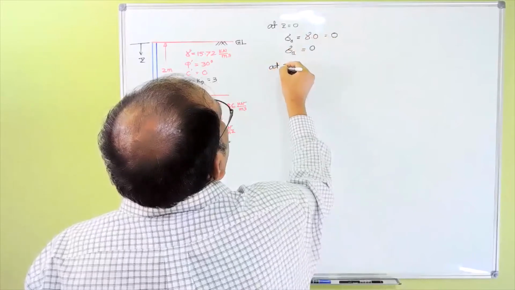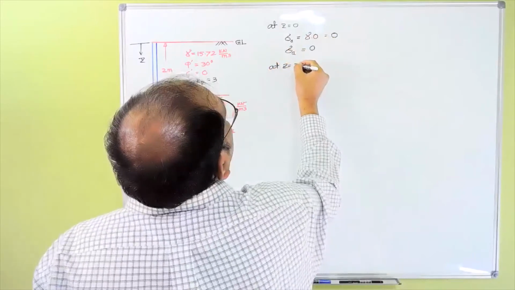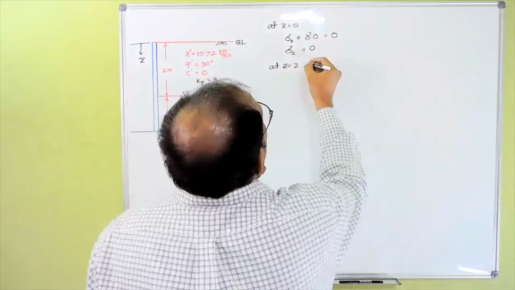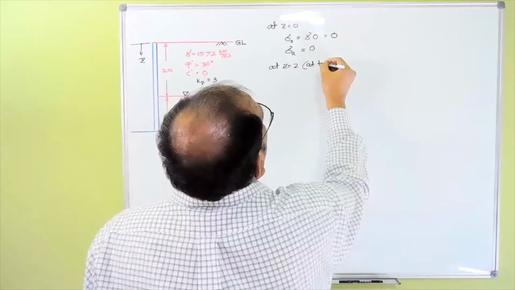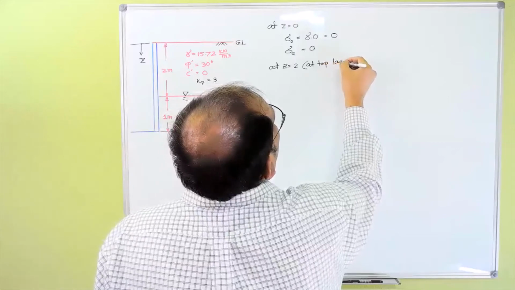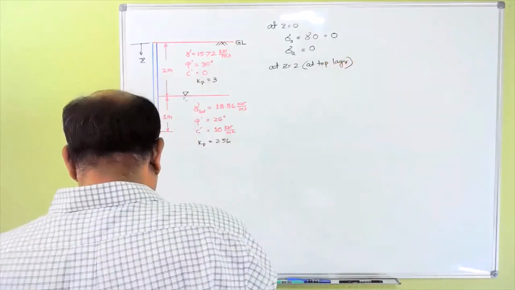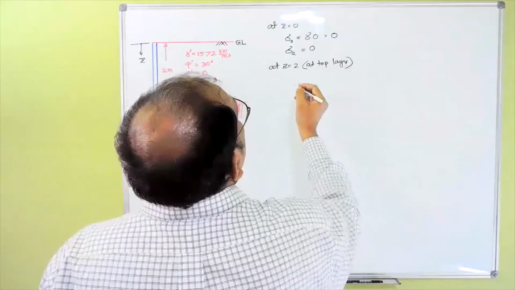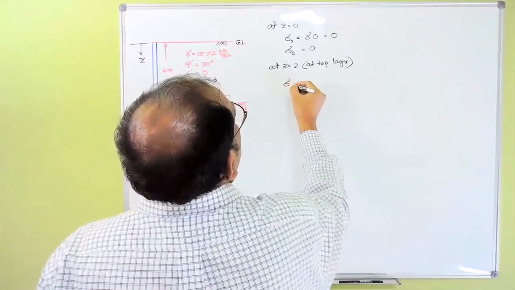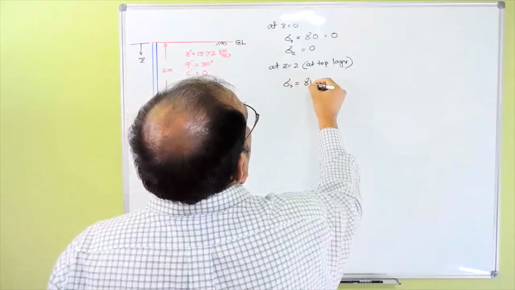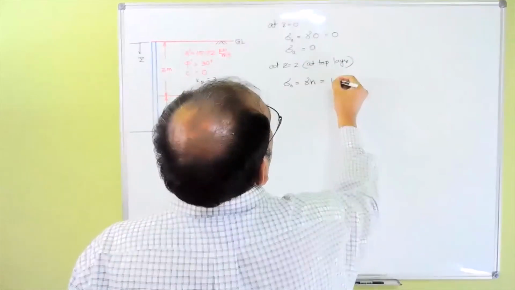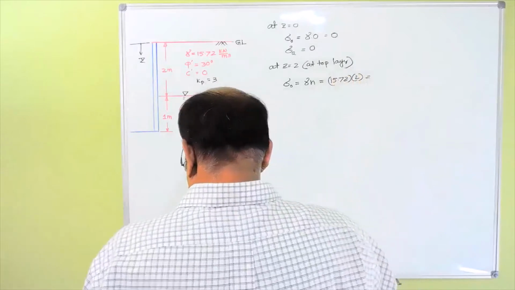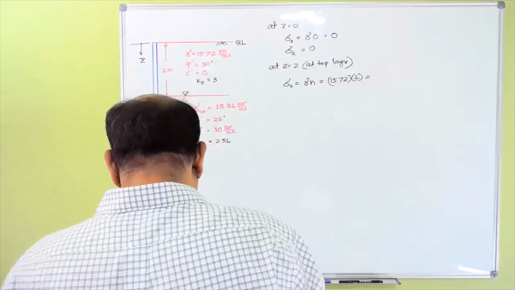Now at Z equal to 2, just above the water table, so let's say at the top layer, you can see here that your sigma is basically gamma H, which is 15.72 multiplied by 2. So this is 31.44.